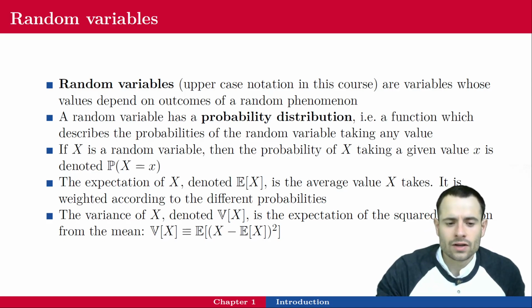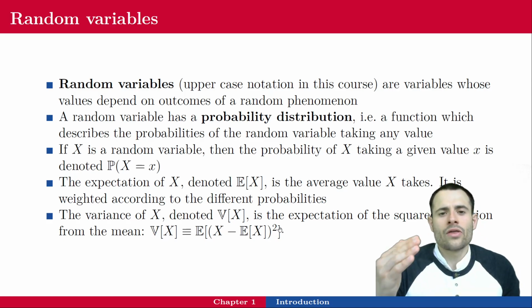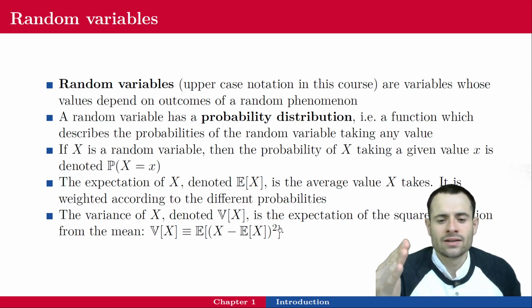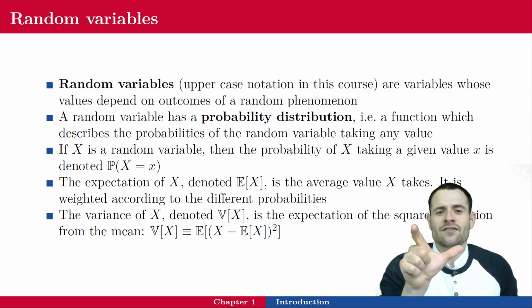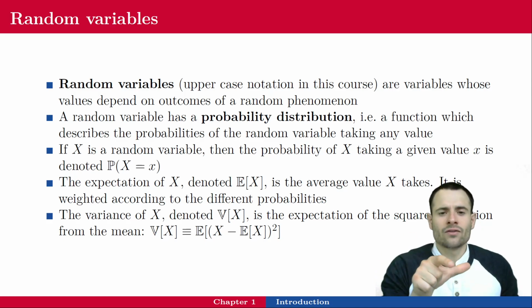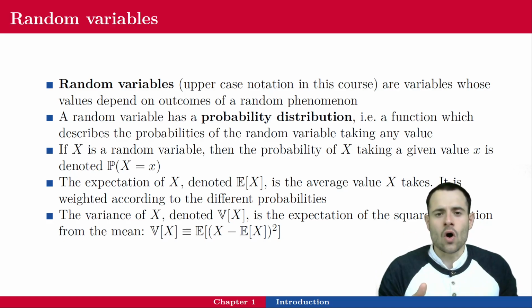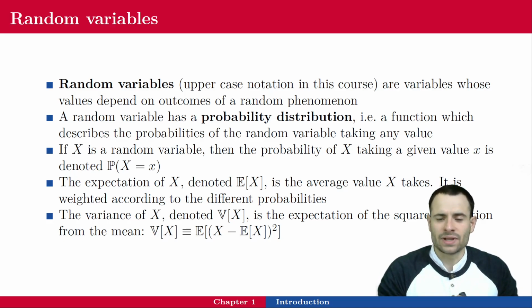Why do we square it? The square is used to show a distance. Whether X is lower than the expectation of X or higher doesn't matter. What matters is that it is far away from it. So by taking the square, we get rid of the minus, and we can look at, on average, how far X is from its expectation.